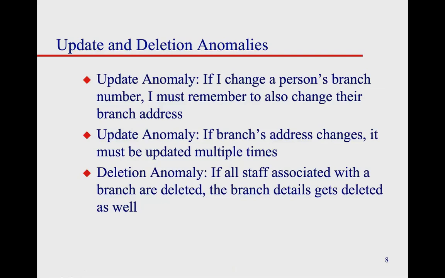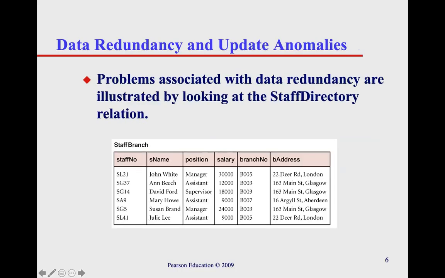Okay, so what I'm showing here are different anomalies. This is another anomaly that I didn't mention. Another anomaly back here is if I change, let's say John White moves to branch B7, then I have to remember to also update John White's branch address to be 16 Ardagh Street in Aberdeen.